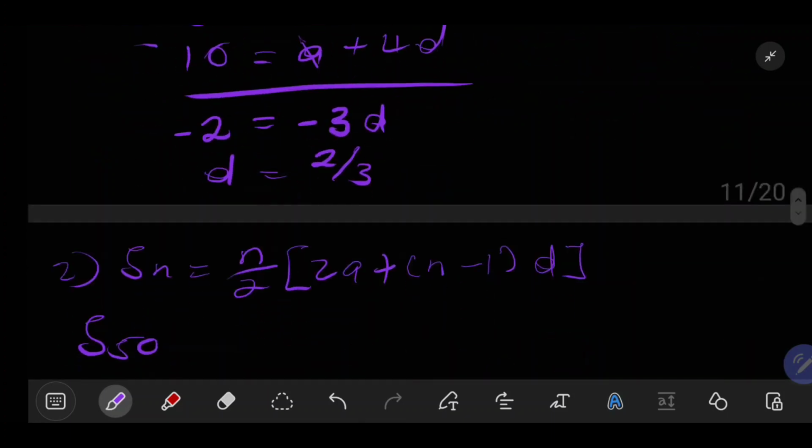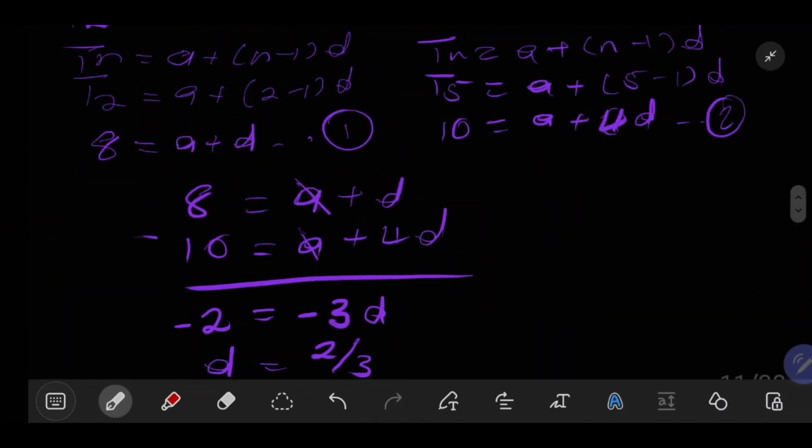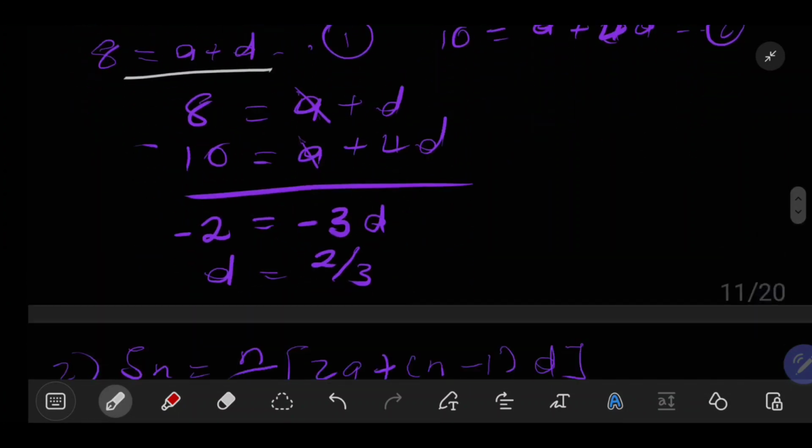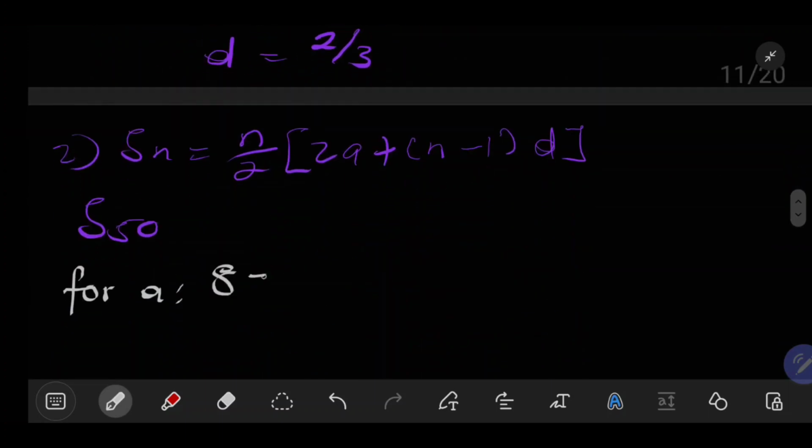To find the value of a, we can take either equation, but I feel the simplest one is this one: 8 is equal to a plus d. So 8 is equal to a plus the value of d, which is 2 over 3.